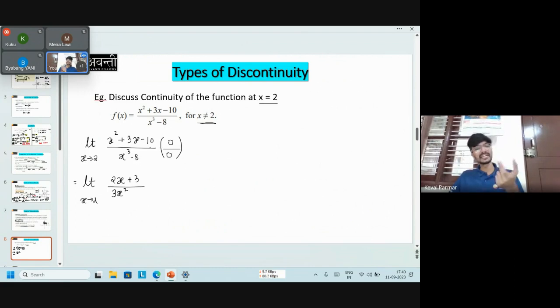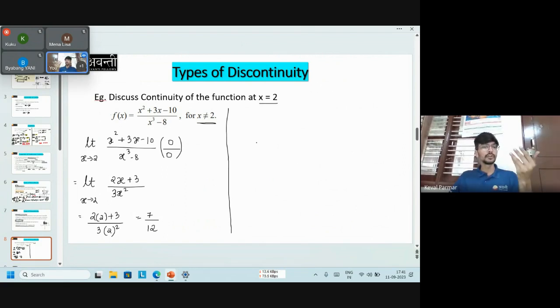Now the indeterminate form is gone. So I will write 2 into 2 plus 3 upon 3 into 2 square, which is 4 plus 3, 7, upon 2 2s are 4, 3 4s are 12. So the limiting value is 7 upon 12.